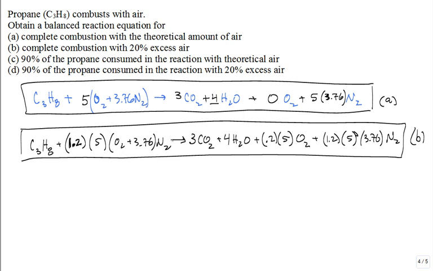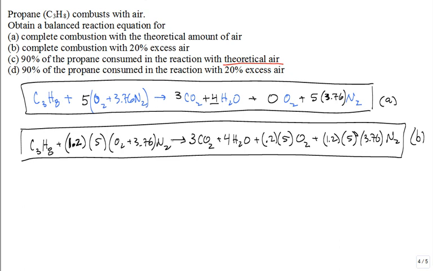Now the next question is part C. 90% of the propane consumed in the reaction with theoretical air. So let's go back to our reaction with theoretical air, and 90% of the propane is now consumed, meaning what happens to the 10%? Goes out with the products. So this is just trying to change it up.